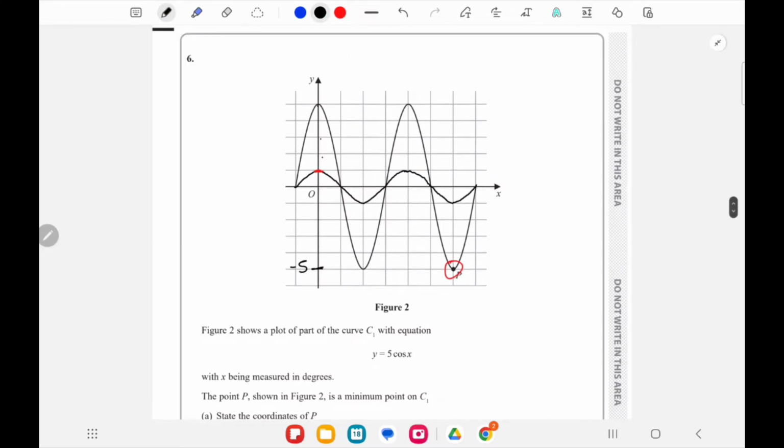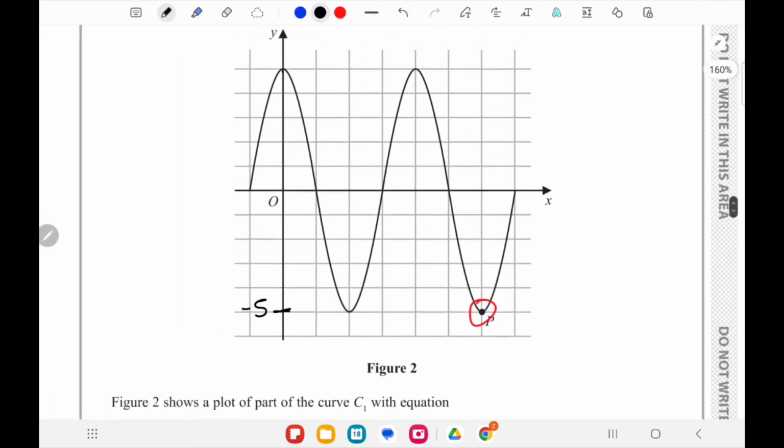And now for cos, this is 0. This is 90 degrees. This is 180. This is 270. This is 360, this is 360 plus 90, so we'll have 450, and this would be 450 plus 90. You could do it much more easily.